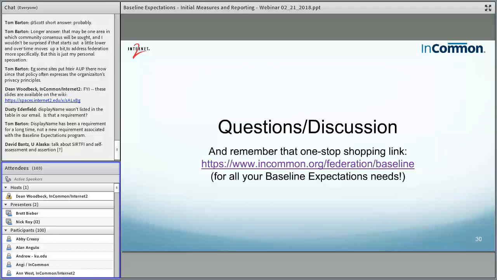We want to ask for your help to reach out to those folks and steer them towards this program and get them aware of it and get them paying attention to their inbox and get them paying attention to the reporting and helping to correct their metadata, so that we do not, like Brett said, we do not want to remove entities from the Federation. The goal is to have 100% coverage.